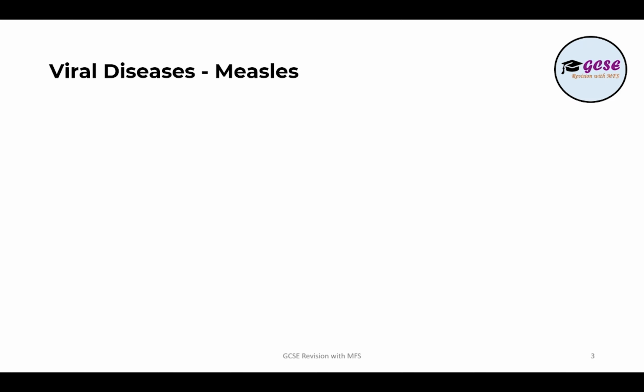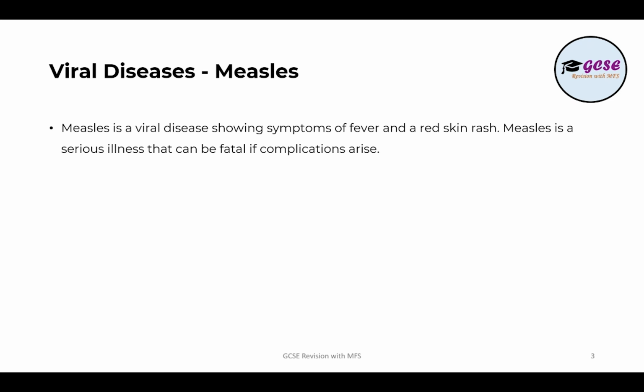Now, the first viral disease we're going to be looking at is measles. For each of these viral diseases, you need to know how it's caused. They're all caused by viral pathogens. You need to know the symptoms of the disease, and there's some other detail you need to know as well, which I'm going to go through now. So measles is a viral disease. Again, that's a key bit of information, because normally there's a few diseases you need to know for each pathogen.